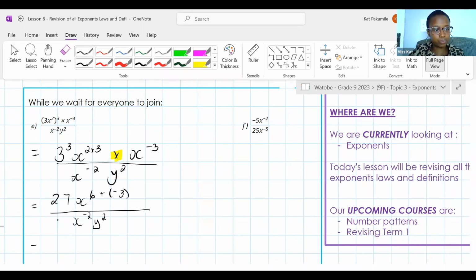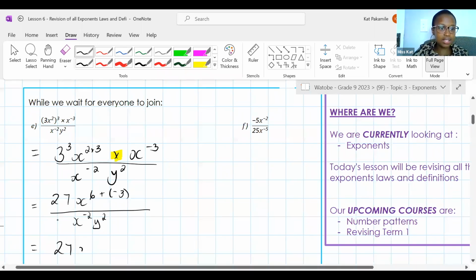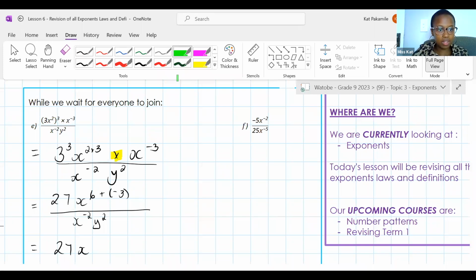27x. Okay, 6, and then this plus minus situation over here will become a negative. So it's 6 minus 3, which will be 3, minus, okay, the next minus I'm getting from this division symbol over here. Remember, law number 2 says if you're dividing, you subtract exponents. So it's minus negative 2, and that will be over y squared.